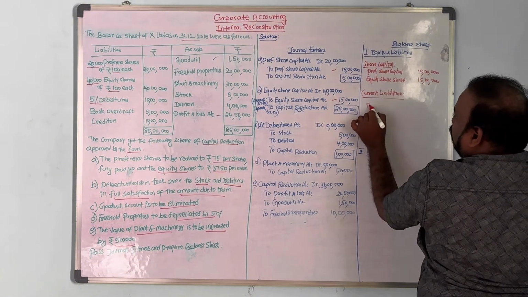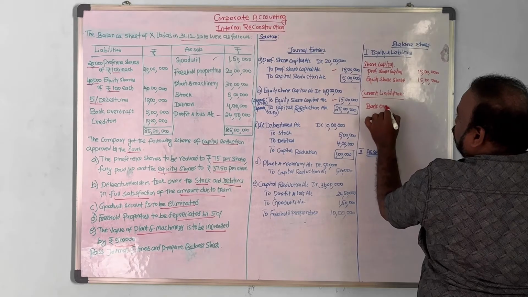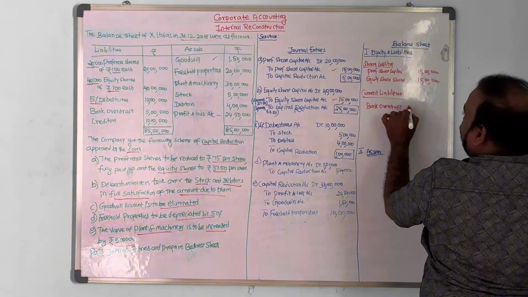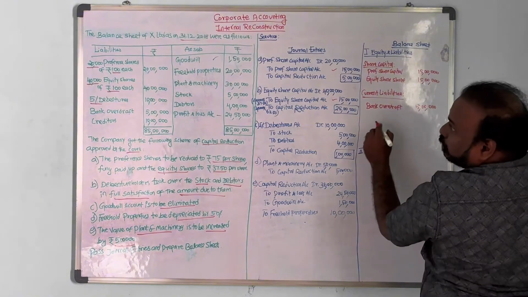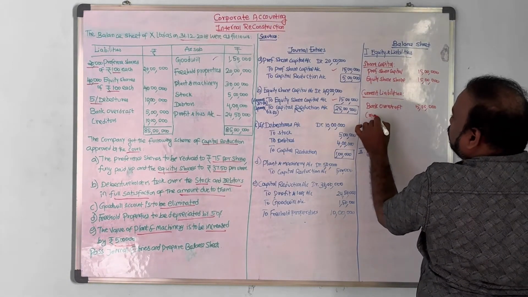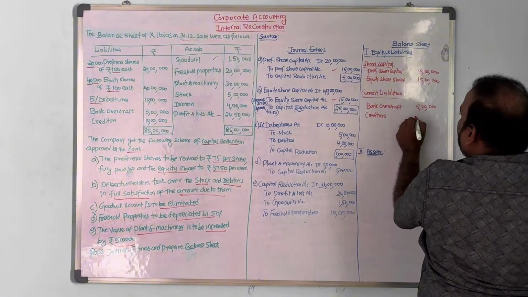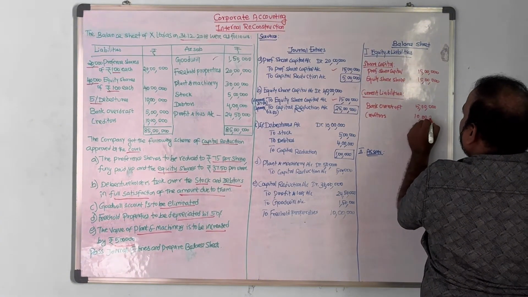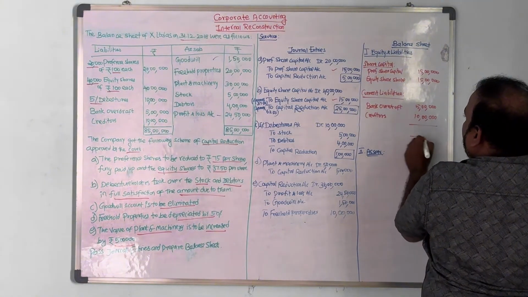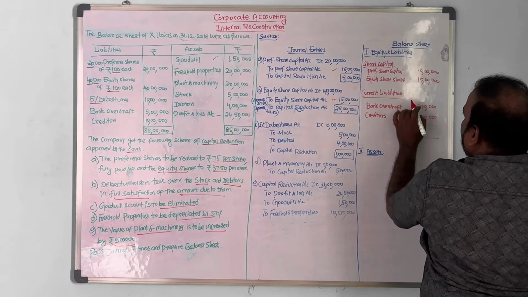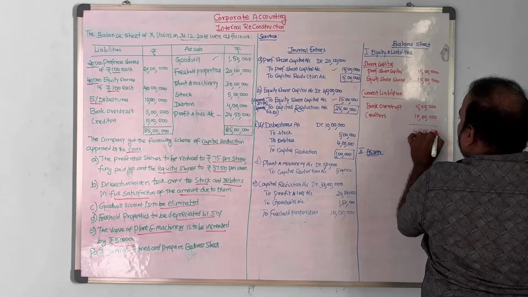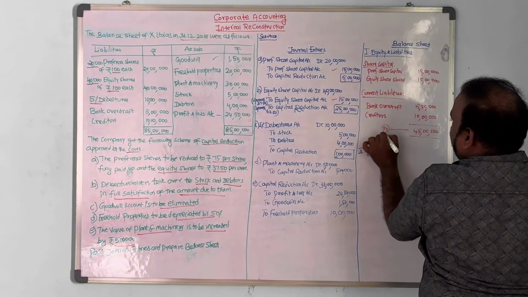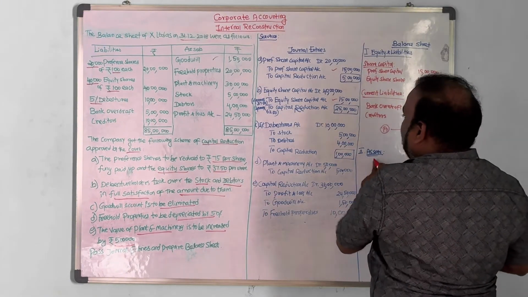Bank overdraft 5 lakh, creditors 10 lakh. So when you add here, 30 lakh, 40, 45 lakh. That is A.